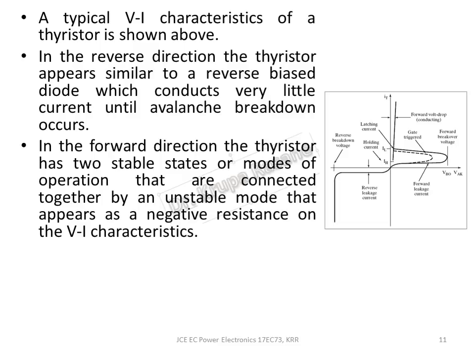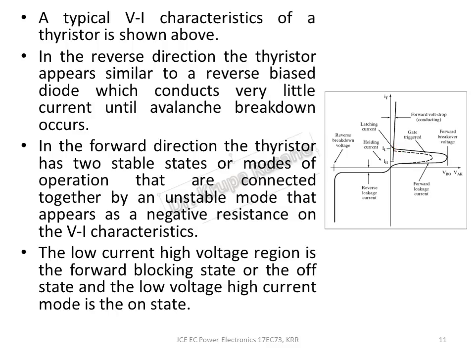And in the forward direction, the thyristor has two stable states or modes of operation that are connected together by an unstable mode, which appears as a negative resistance on the VI characteristics. So here if you see, there is a drop in the voltage whereas rise in the current. So we call that as a negative resistance region of the VI characteristics.